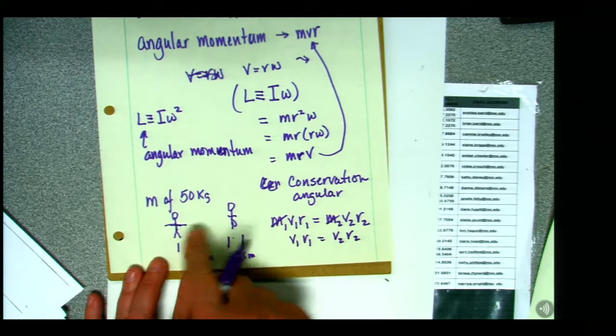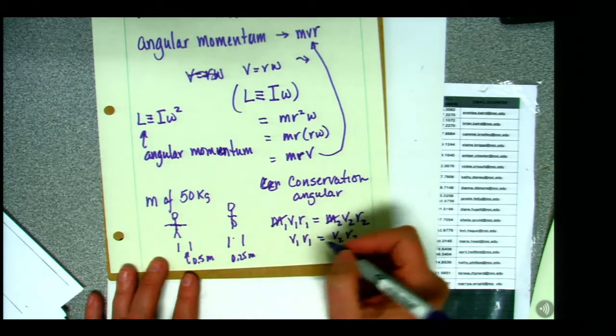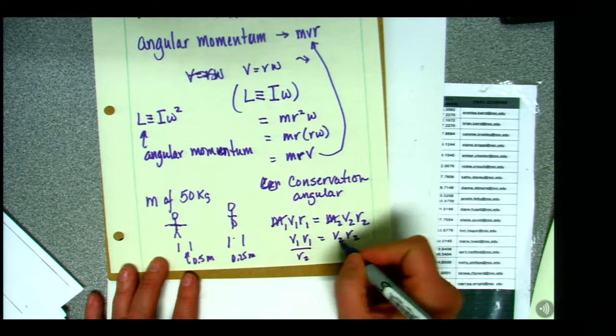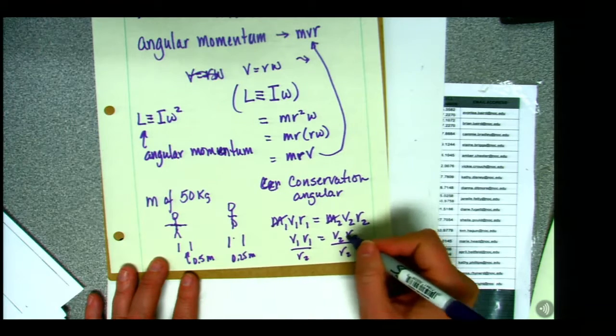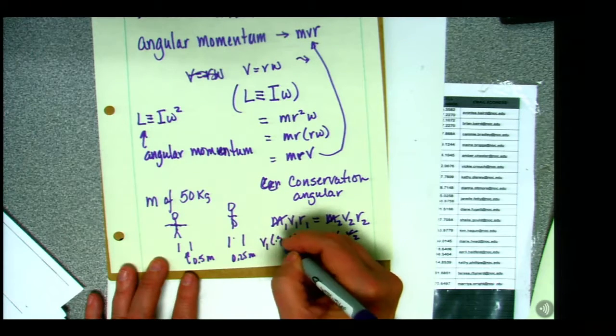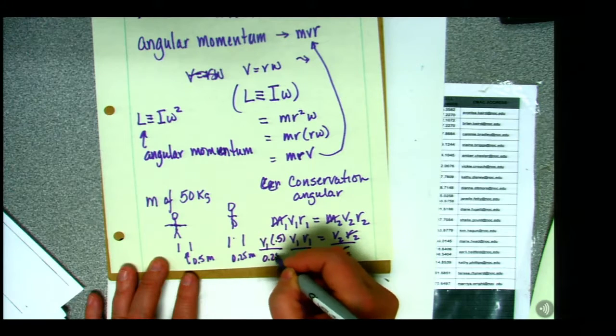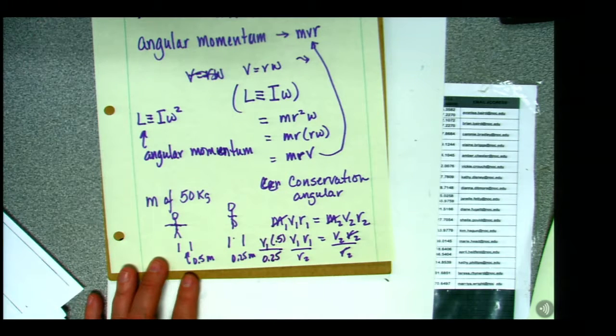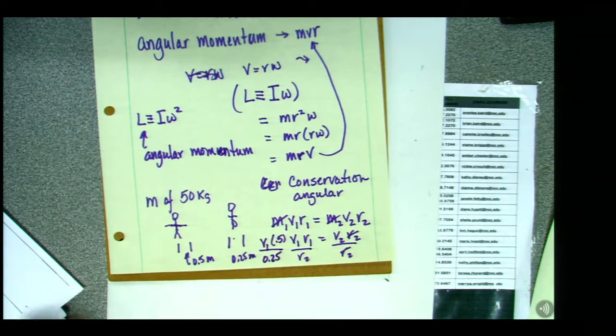We're going to go from this one to that one, so we want to solve for velocity 2. So I'm going to have R2 on both sides. So my velocity 1, and if this is 0.5 divided by 0.25, the speed essentially doubles when I shrink down the radius. So my skater is definitely going to go faster. Or if I go longer, it's going to slow down. So we can work it back and forth.